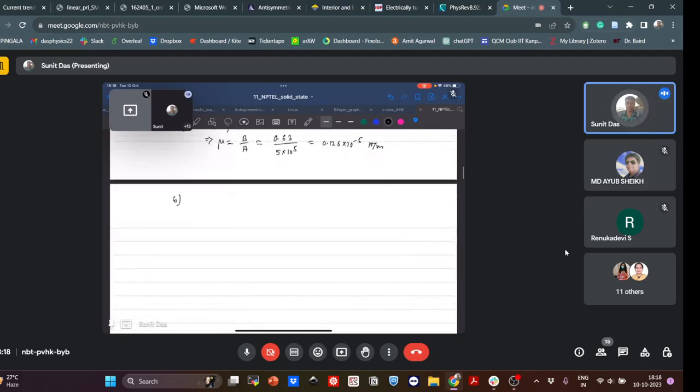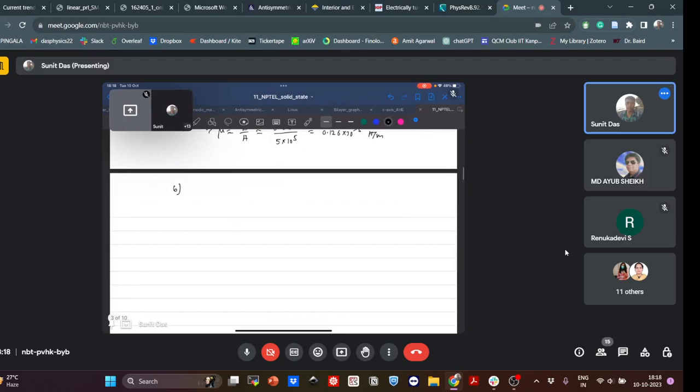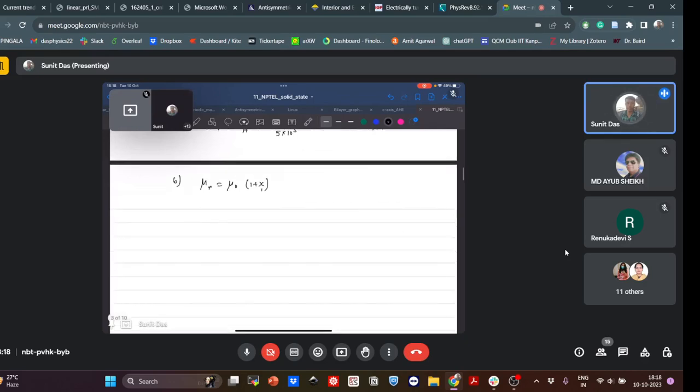Then for part B, we need to find the susceptibility. The relative permeability is given as mu r equals 1 plus chi, where chi is the susceptibility.